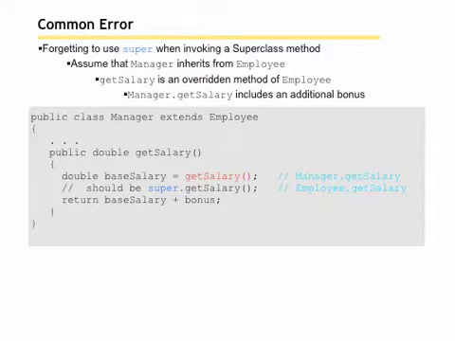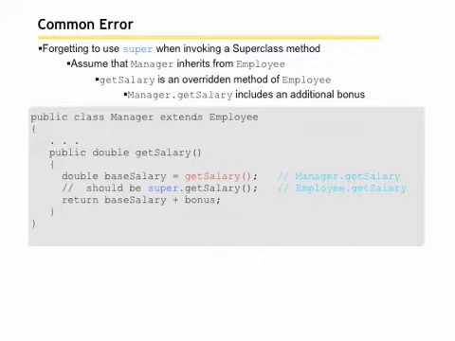Another error is forgetting to use the keyword super when invoking a superclass method. For example, assume Manager inherits from Employee and getSalary is an overridden method of the Employee class, so manager.getSalary includes the additional bonus.